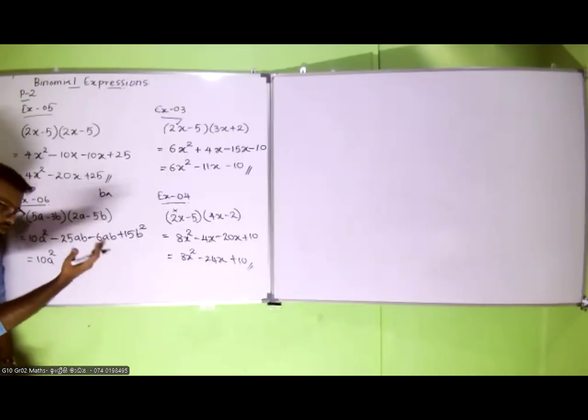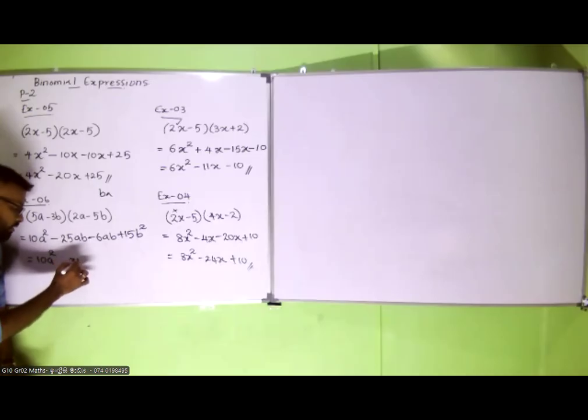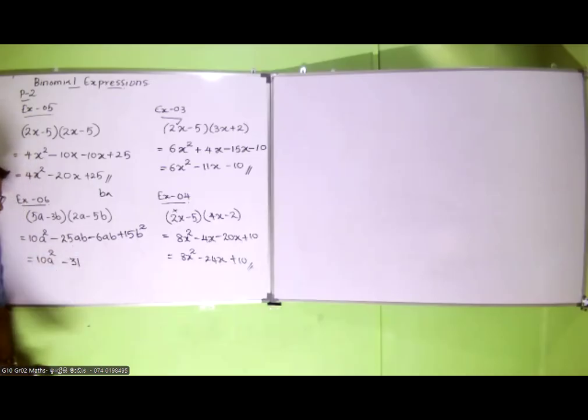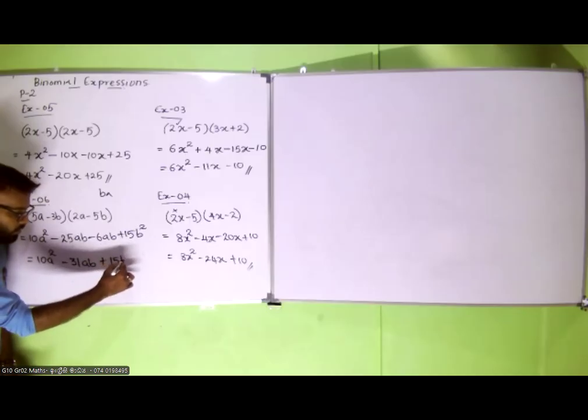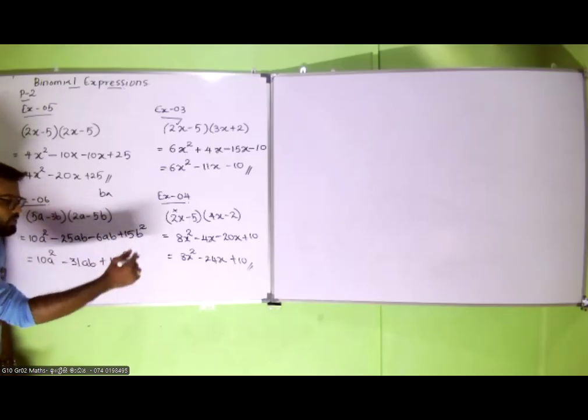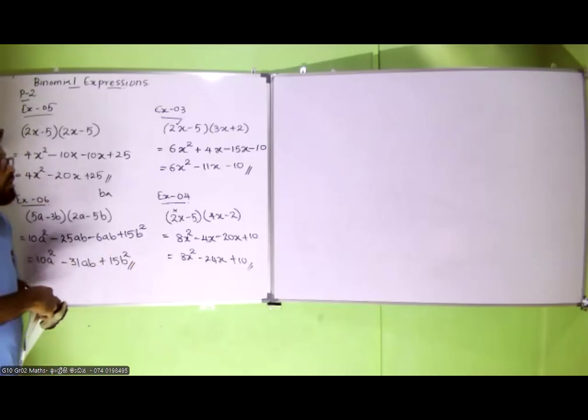Same signs, right? Same signs. So 25 plus this, you will get 31. And the sign will be negative because same signs. Apple, AB, plus 15b squared. Right? No other b squared terms. So this should be your answer for example number 6.